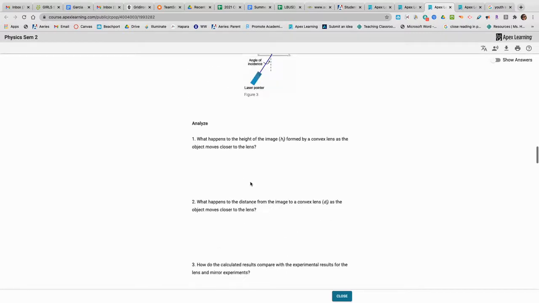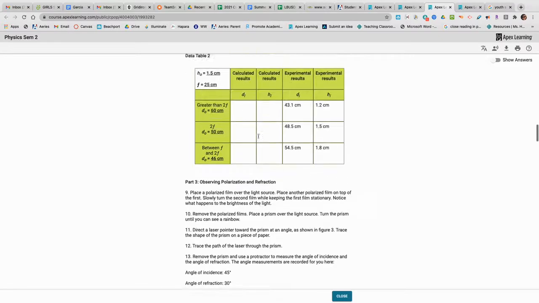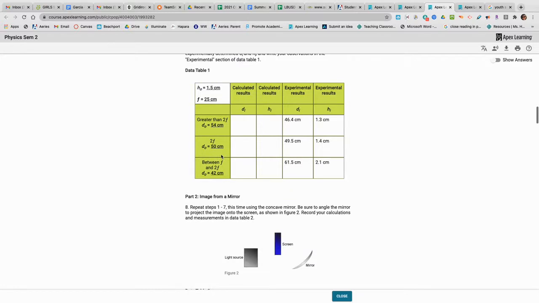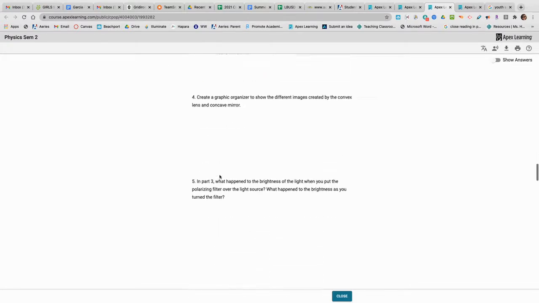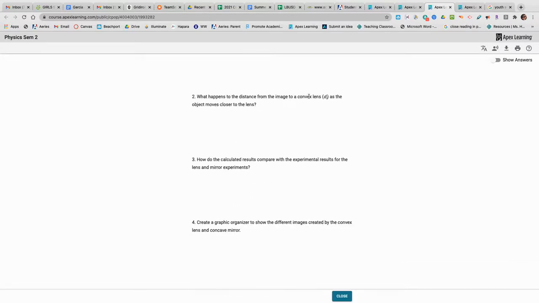Then you're going to look for some patterns. What happens to the image height as it moves closer to the lens? Closer to the lens means moving down this chart: 60, 50, 46, 54, 50, 42. That's getting closer to the lens. What happens to the di as you move closer to the lens?